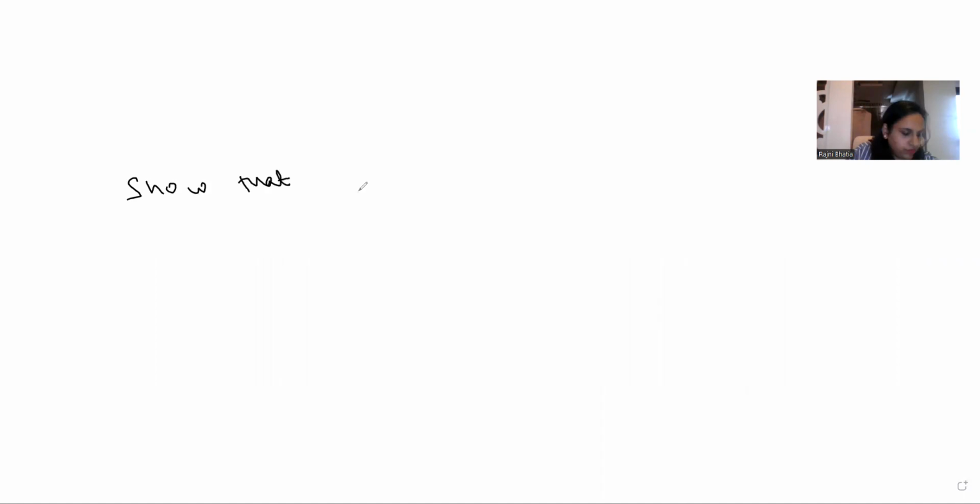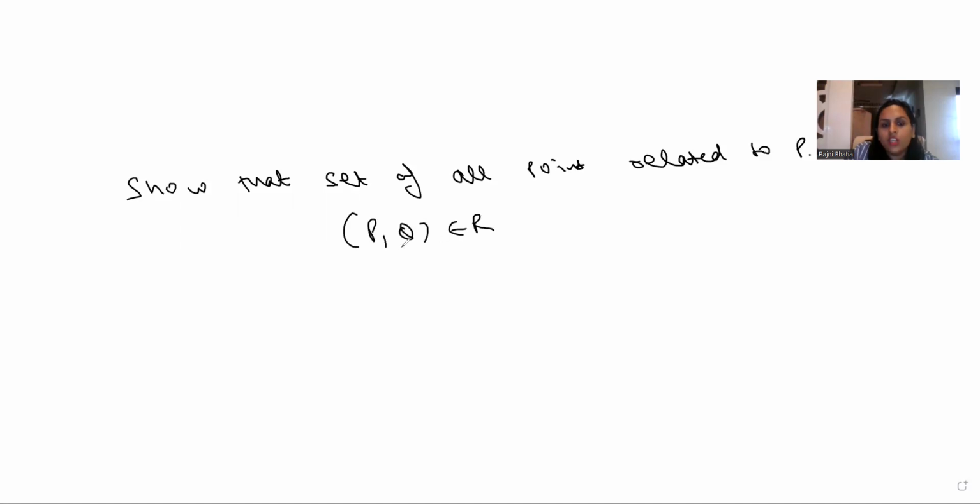Show that the set of all the points related to P. It means P comma Q belongs to R. Q is the set of all the points which are related to P. If I write A comma B belongs to R, B is the set of all the points related to A. A is the set of all the points related to B.